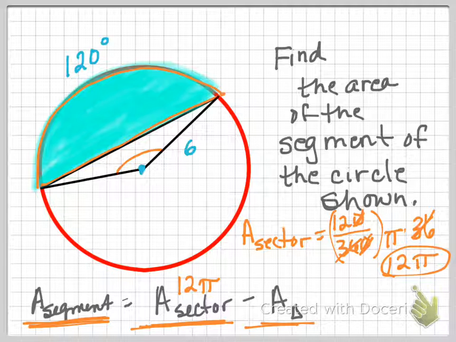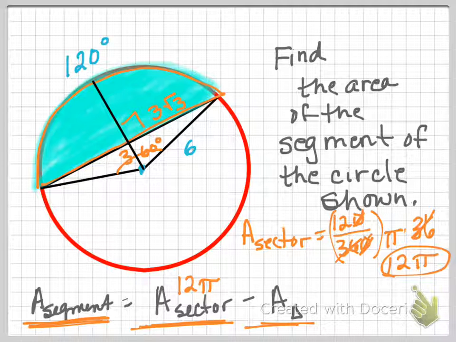That means if I were to draw this radius perpendicular to that, then I create a 60-degree angle right there. So I have a 30, 60, 90 triangle. That means that this piece right here is 3, and this long leg right here is 3 square root of 3.